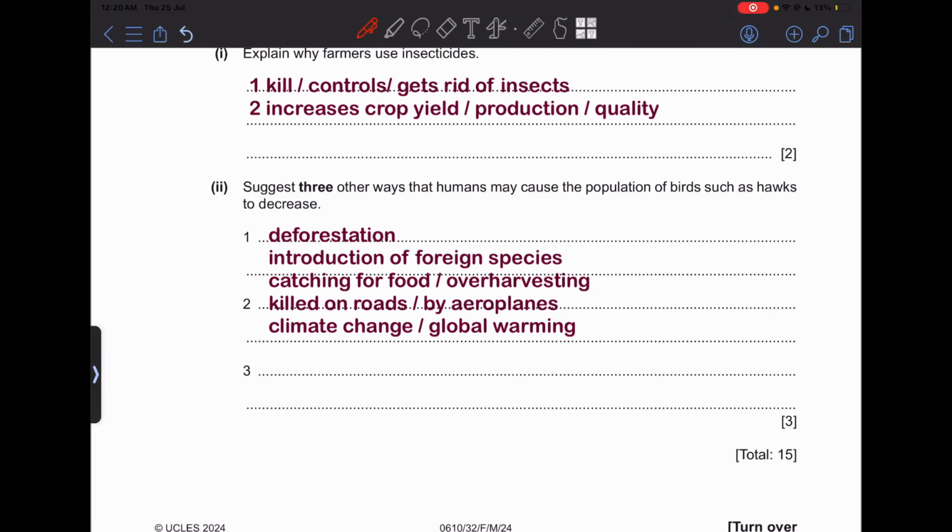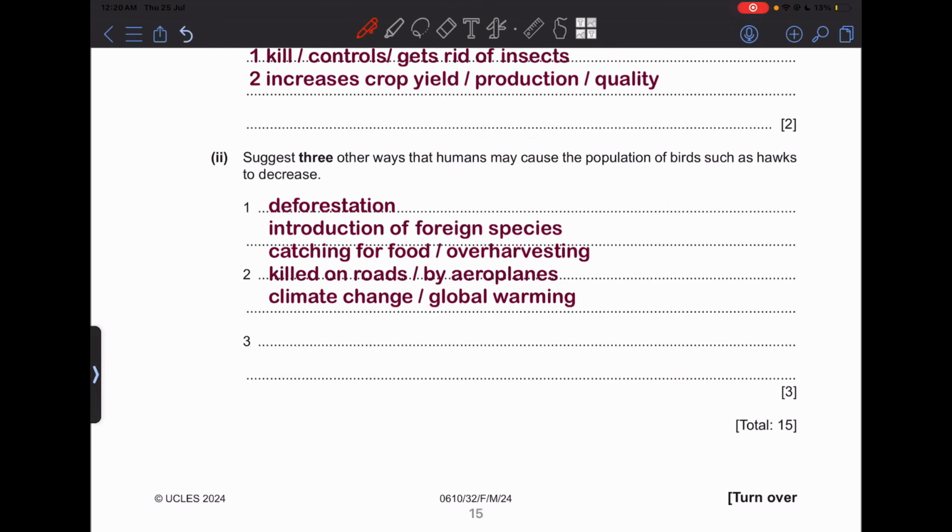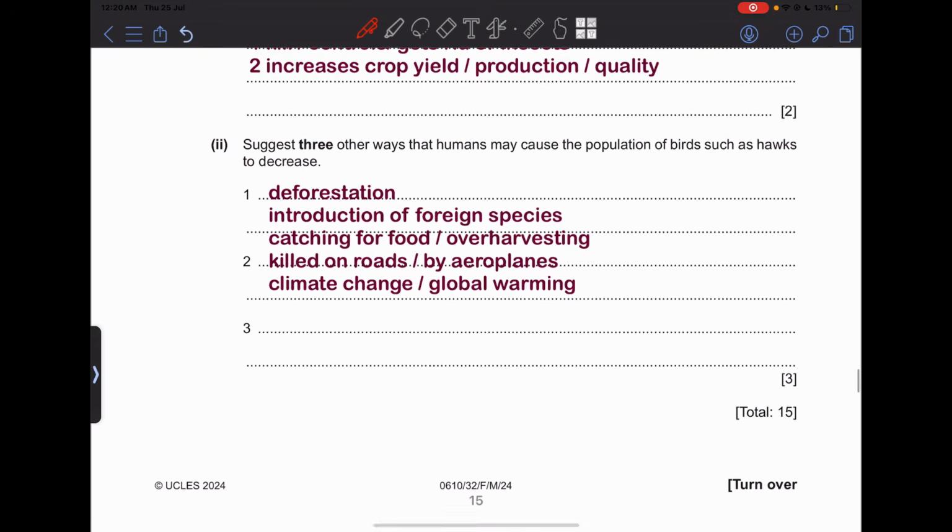So these trees may have populations of birds, or insects or animals living on them. When you cut down the tree, there is going to be a decrease in the population of these organisms that were living on the tree, and it can lead to extinction of these organisms.